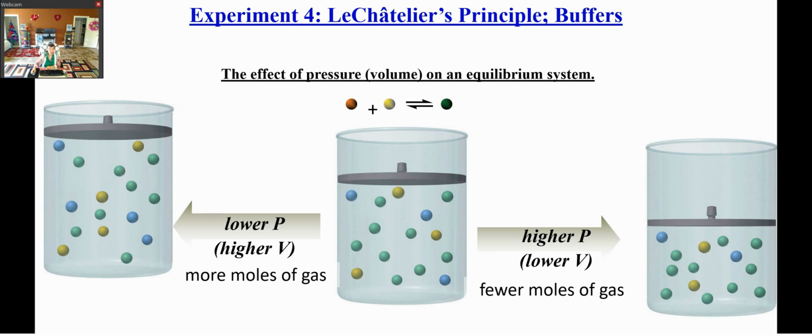Meaning, if you have more gas in the reactant than the product, the reaction will move to the reverse. Otherwise, if you have more gases in the product, the reaction will move to the forward. Similarly, oppositely, if you increase the pressure, the volume decreases, and your pressure wants to be decreased.